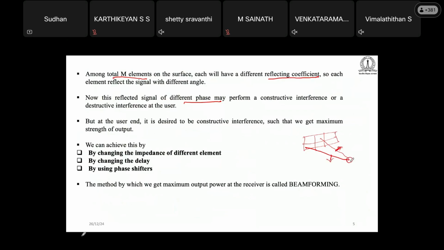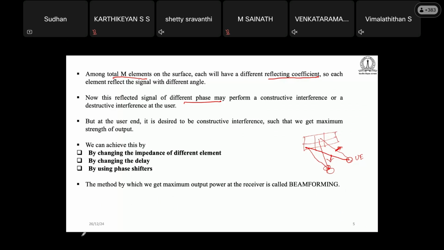Now they are impinging here, and this is a user equipment. If the user equipment is here, then the phase will be different and the amplitude also will be different. So this way, if you change the phase and then the amplitude, you can focus the directed signal to a different point.